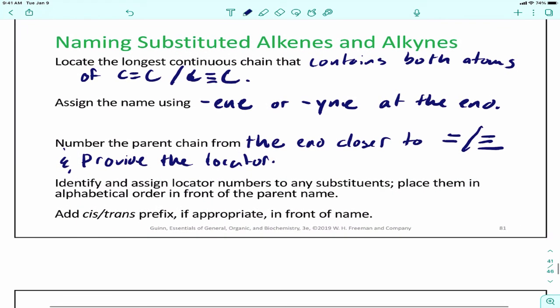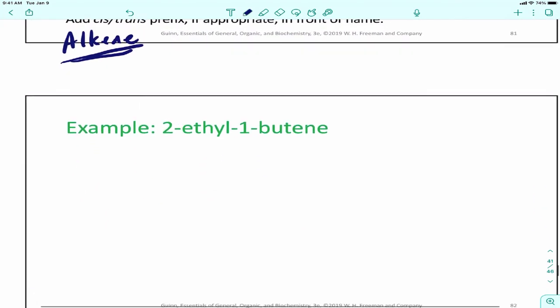We identify and assign locator numbers to any substituents, place them in alphabetical order in front of the parent name, and if we're dealing with an internal alkene, then we use cis and trans prefixes, if appropriate, in front of the name. Okay, so let me give you an example.